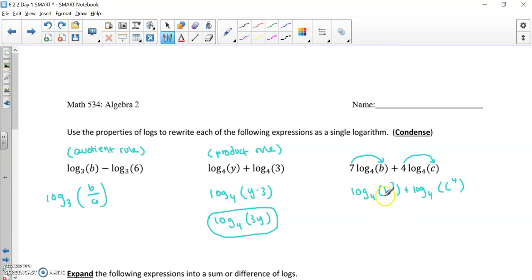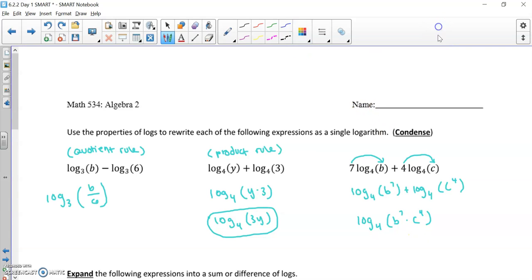But here's the thing, I'm not fully condensed yet. There's more that I can do. I noticed that there's some addition going on here, so just like the last problem, I can use the product rule to take care of that. I can say that this is also equivalent to b to the 7th times c to the 4th, because the product rule tells me that if I have addition between two logs, I can just multiply those and turn it into one.